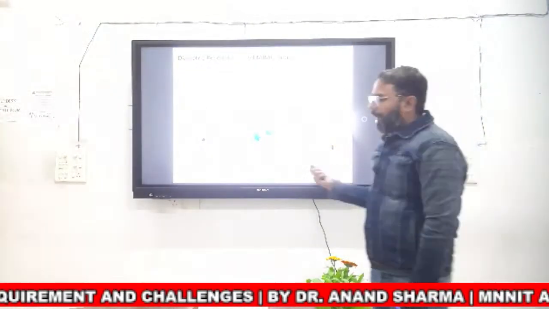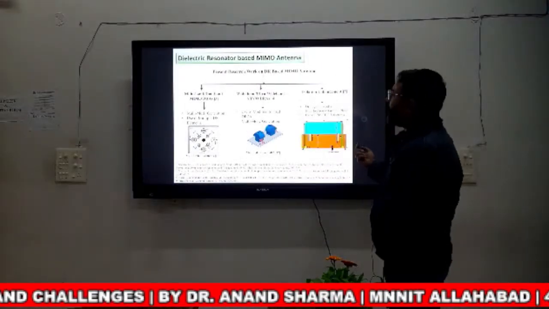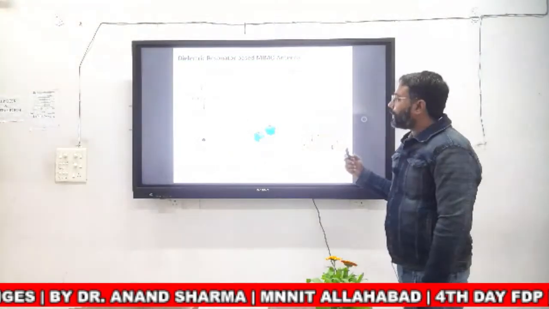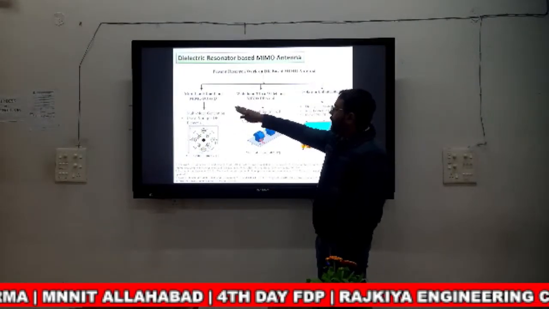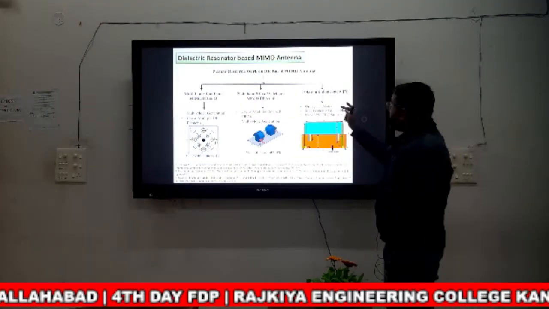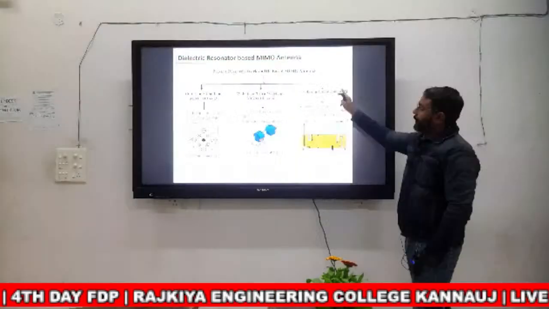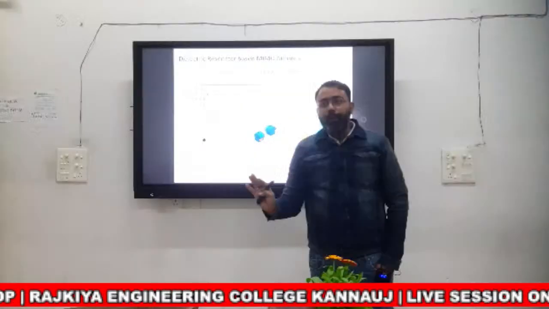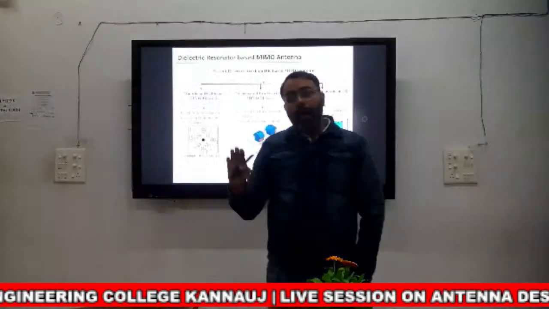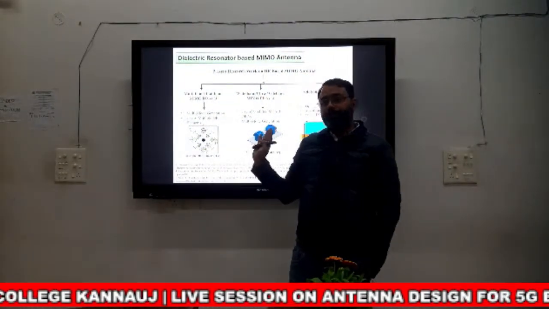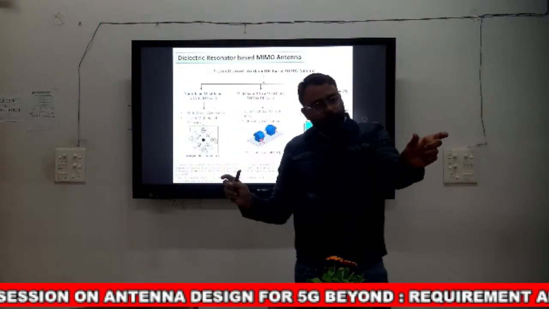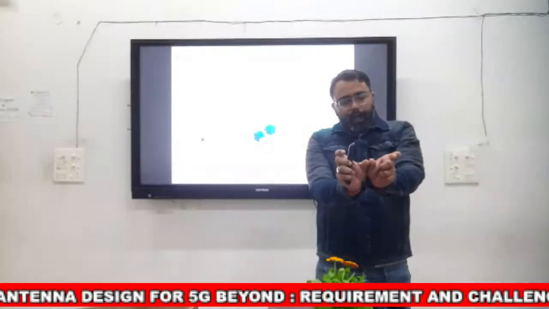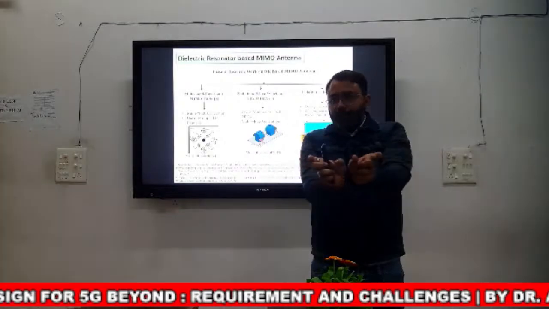Coming to how you can generate these, I have already discussed multi-band and wideband. The main thing is the isolation. If you are designing a MIMO antenna, you have to take care of the isolation. Isolation means, let us suppose I have one port and I attach another port just adjacent to it.